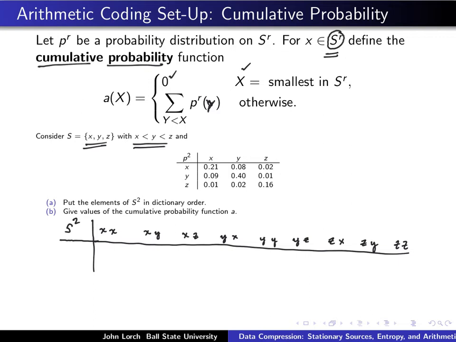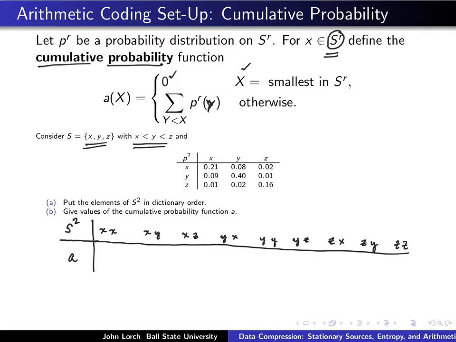And now for each of those strings, we're going to compute the cumulative probability function. We first compute A of the string XX.